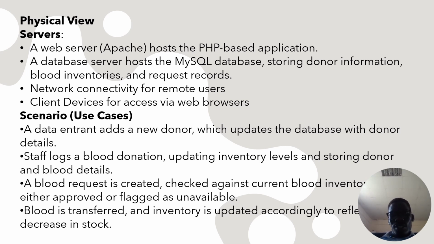Either the system will flag it as approved, or unavailable if the requested blood is not in the inventory. Then blood is transferred and the inventory is updated to reflect the stock.